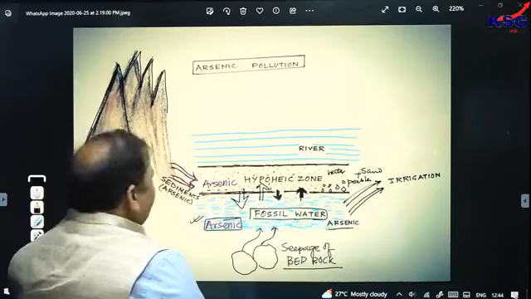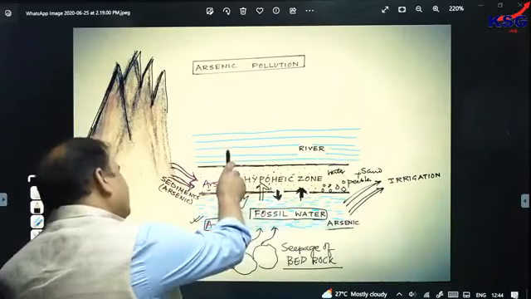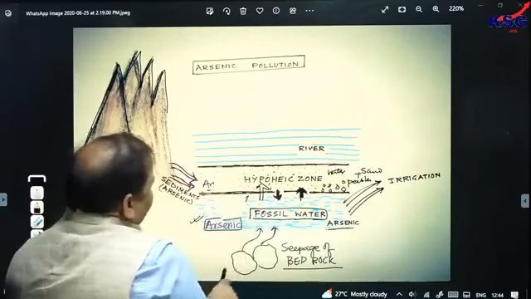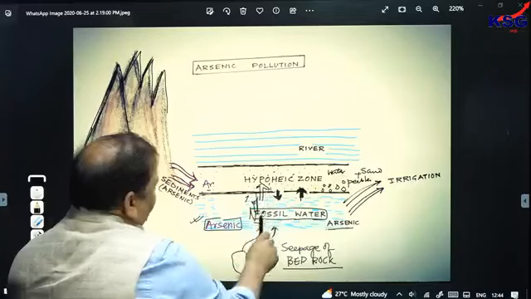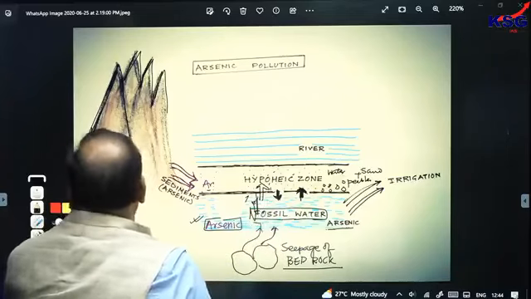And we can also establish shallow tube wells. Shallow tube wells withdraw water from the upper part of the water table.